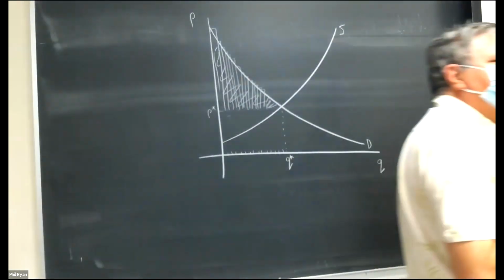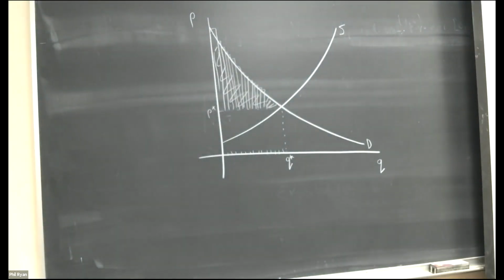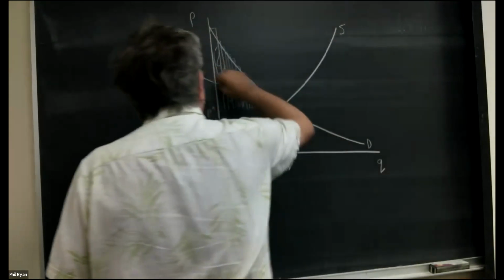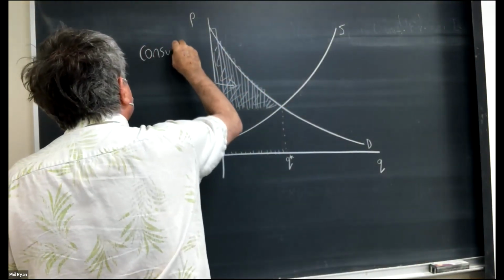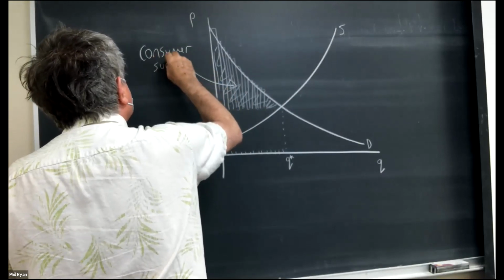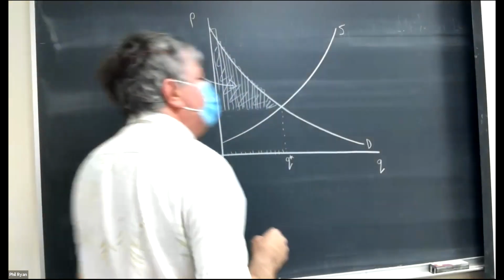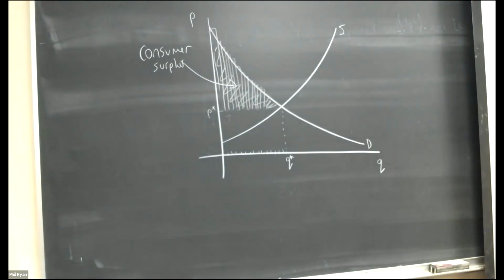We know that's an integral. This thing here is known as the consumer surplus. So it's how much money the consumers saved because there was a free market, because no one forced the price up high for whatever reason.